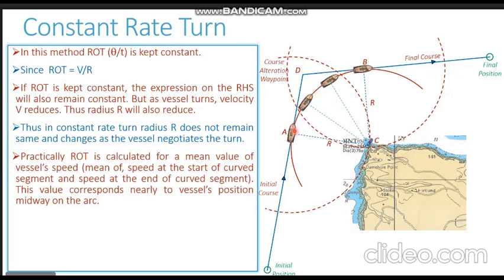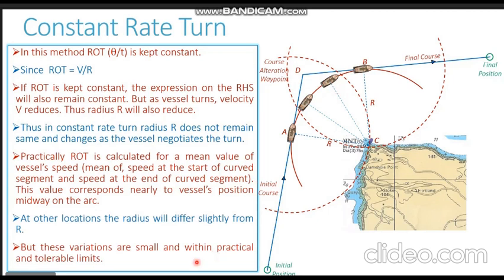So there will be a slight variation from the planned radius, sometimes slightly greater and sometimes slightly lesser, but these variations are very, very small and they are certainly within a practical and tolerable limit. So this is a constant rate turn, and we can use the rate of turn indicator to execute this turn.